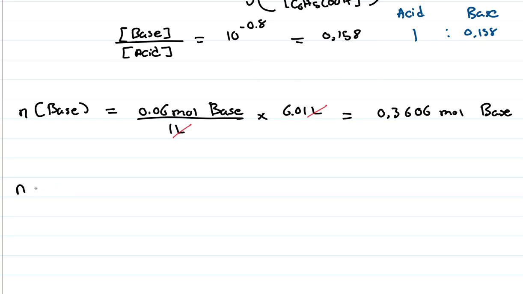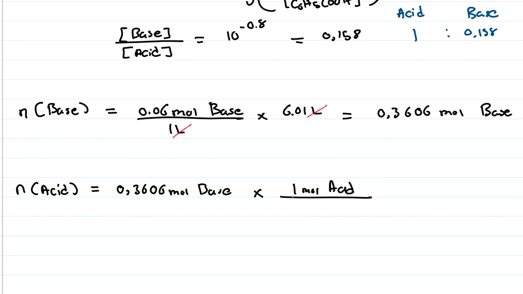So the number of moles of the acid, which is this acid right here, is equal to the number of moles of the base multiply that by the molar ratio, which is 1 mole of the acid divided by 0.158 mole of the base.